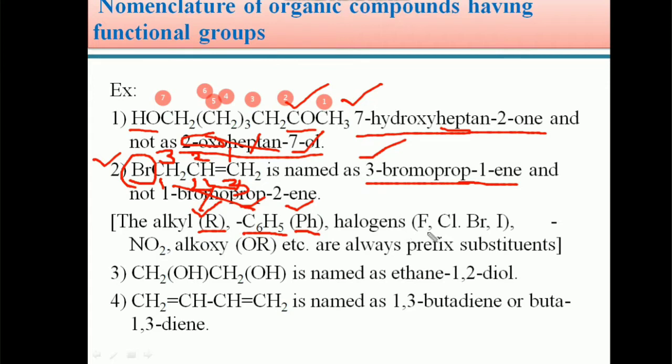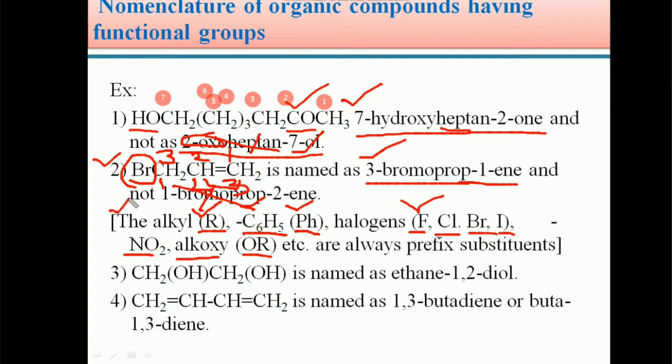Similarly, halogens. We know halogens: fluorine, chlorine, bromine, iodine. Similarly, nitro group, NO2. Similarly, alkoxy, OR, OMe, OEt, OPr, all these are considered as alkoxy groups.